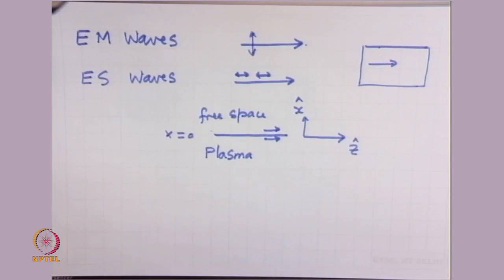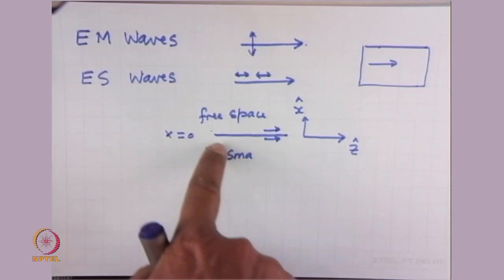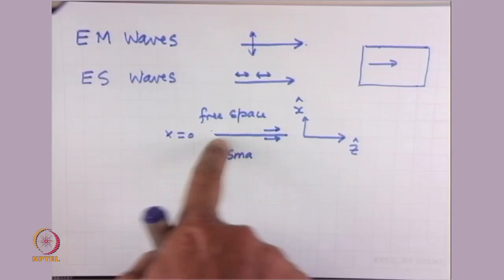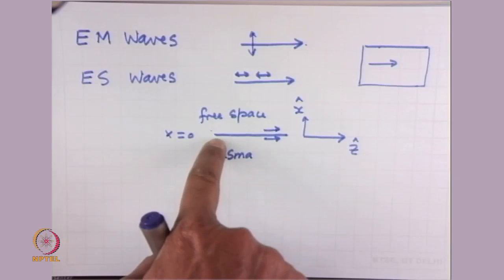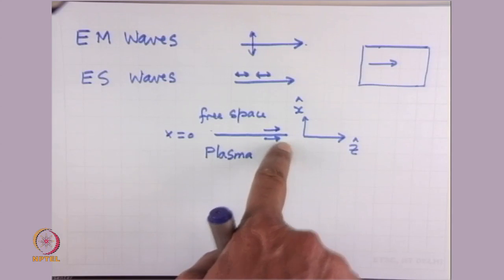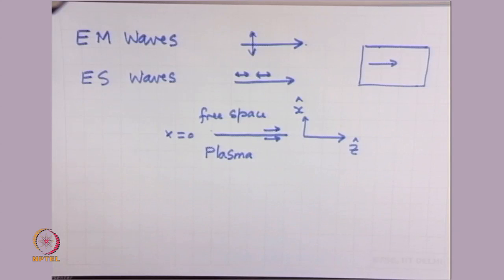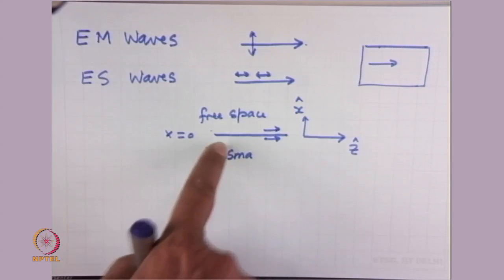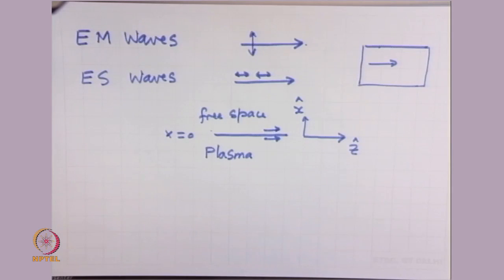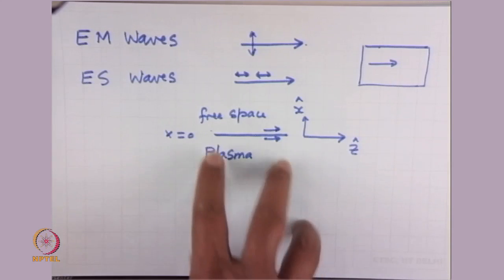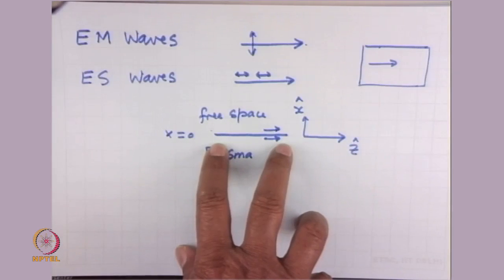So this is a very particular kind of wave which is influenced by the properties of the medium near the surface, and what happens far away from the surface is not that significant. Obviously this requires sharp boundaries. Such sharp boundary plasmas are difficult to create in the laboratory, but with tunnel ionization one can certainly create plasmas with very well defined boundaries.